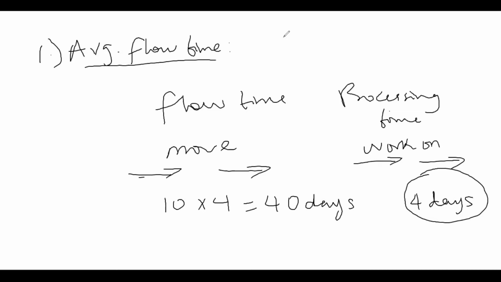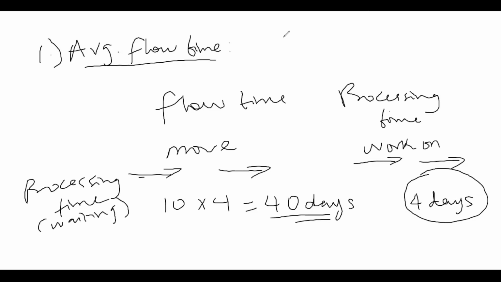So my flow time becomes the processing time of every job before my own, which here is 40 days, which we can call my waiting time.